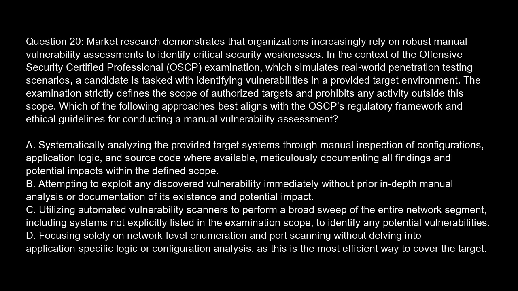Option C. Utilizing automated vulnerability scanners to perform a broad sweep of the entire network segment, including systems not explicitly listed in the examination scope, to identify any potential vulnerabilities. Option D. Focusing solely on network-level enumeration and port scanning, without delving into application-specific logic or configuration analysis, as this is the most efficient way to cover the target.